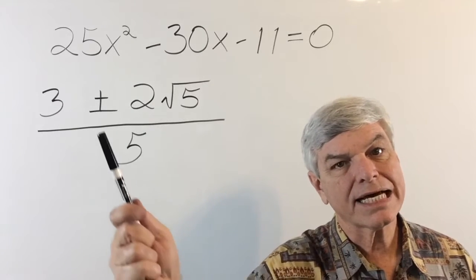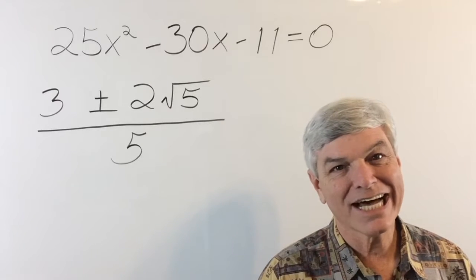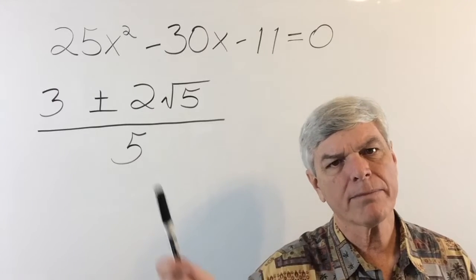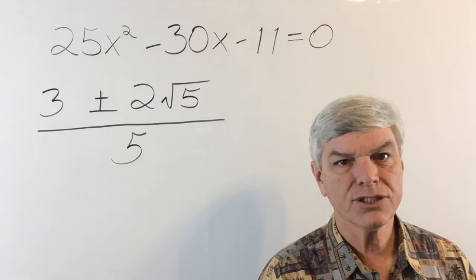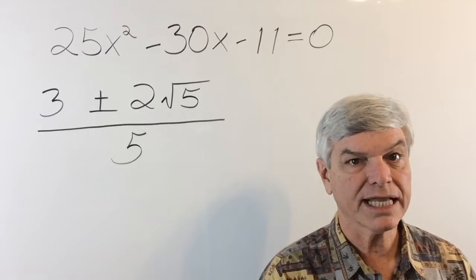But you can see that that plus or minus symbol helps you out as far as not having to write all this twice. That is the answer. And remember, when you see plus or minus, just know that we have two answers until you get rid of that plus or minus like we did last time.